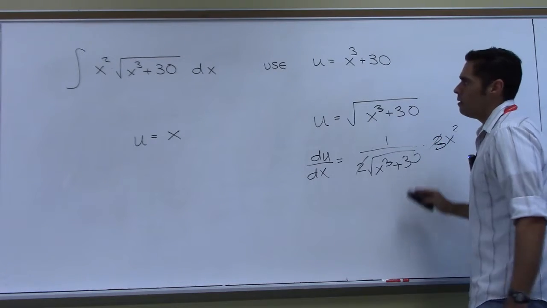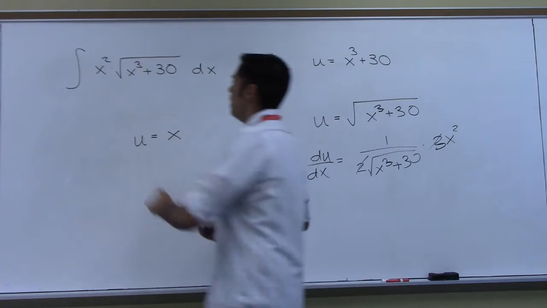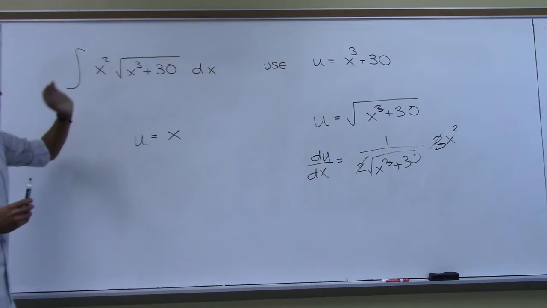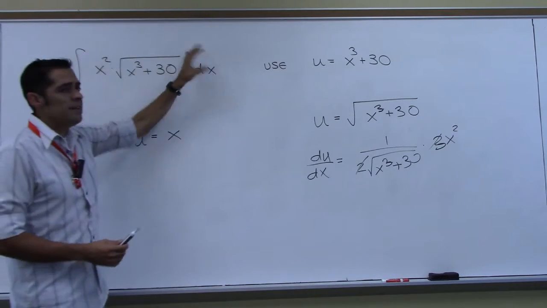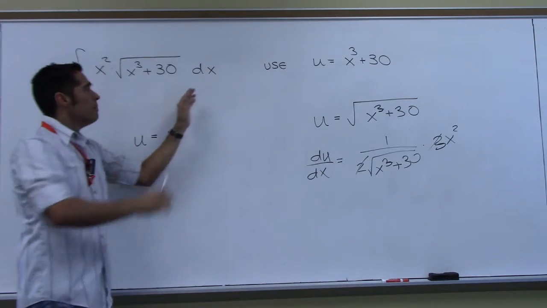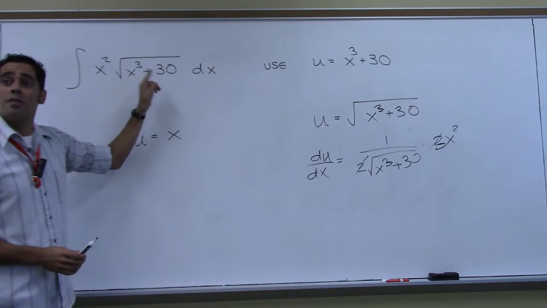But what'll happen, see, I don't want to foresee this too much, but I'll try. If you pick this to be your u, right? Then in your new integral, this x squared dx should be part of your du. It should be out here somewhere. But you're still going to have the square root of what? U plus 30, right?